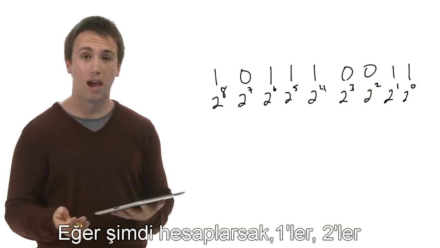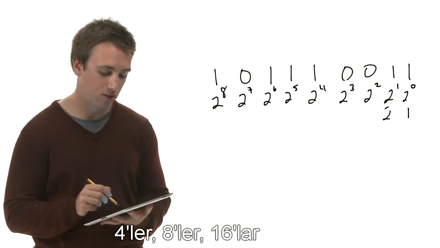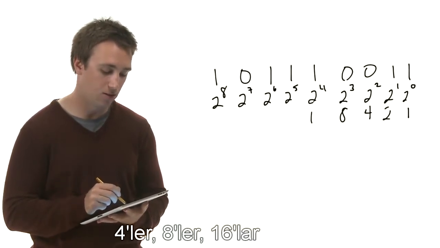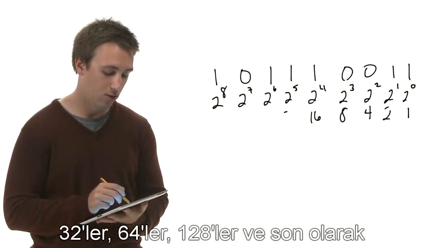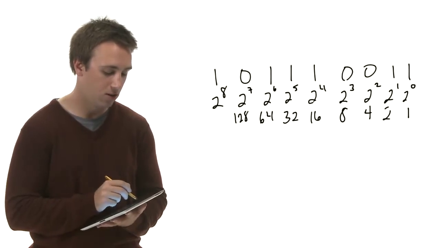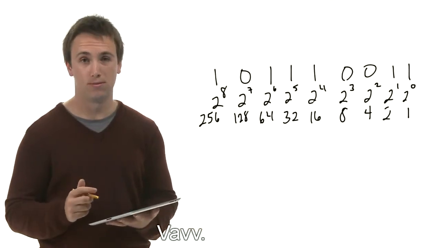Now, if we do the math, that's the 1's place, the 2's place, the 4's place, the 8's place, the 16's place, the 32's place, 64's place, 128's place, and finally the 256's place. Whew.